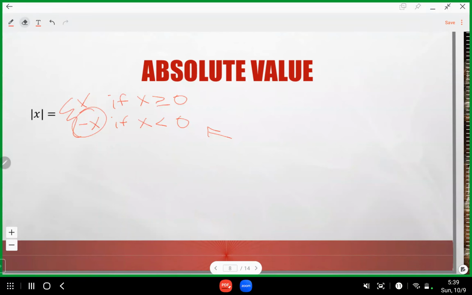Okay, so with absolute value, let's say we have the absolute value of x plus 2, if x is less than -2.